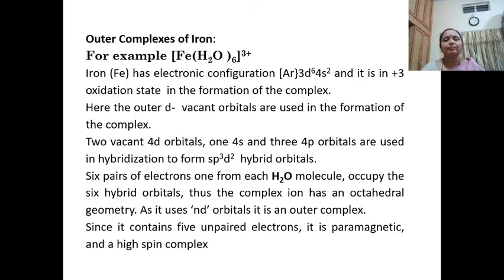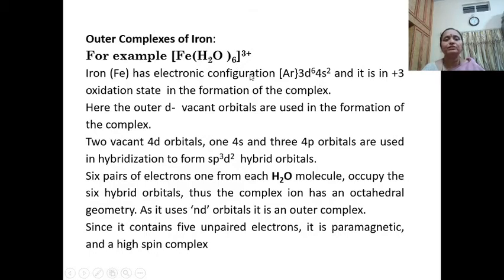One such example for iron is going to be hexaaqua iron 3 complex. In this case, what do we observe is, though iron is having atomic number 26, its electronic configuration is going to be argon 3d6 4s2.